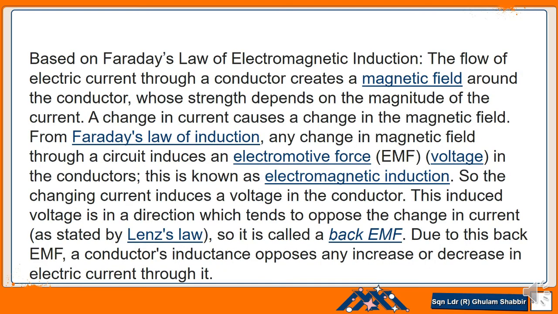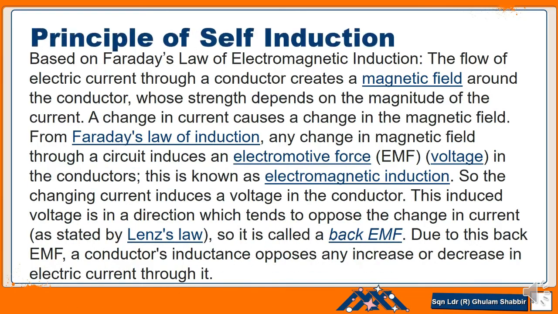The principle of self-induction is again Faraday's law of electromagnetic induction. The flow of electric current through a conductor creates a magnetic field around the conductor whose strength depends on the magnitude of the current.